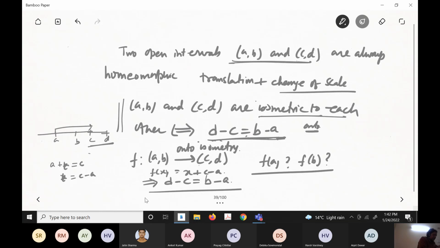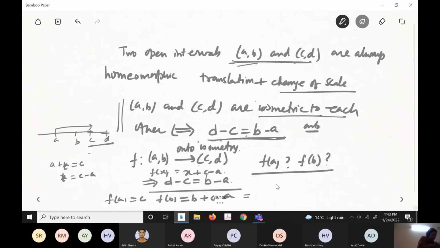So that FA equal to C, right? And FB equal to B plus C minus A. But you are saying D minus C equal to B minus A. We can take a line from A, B to C, D. Yeah, this one.